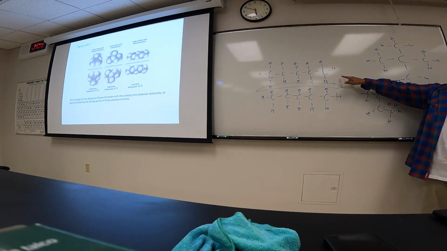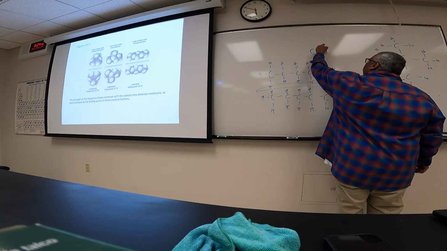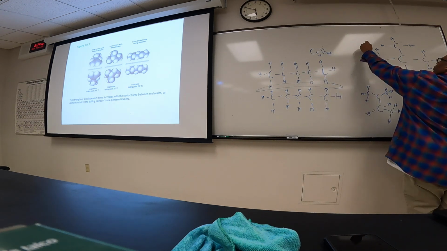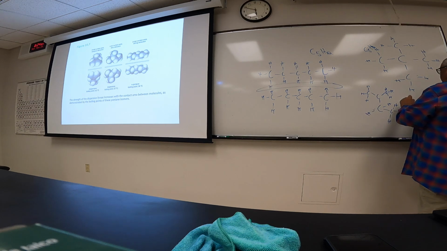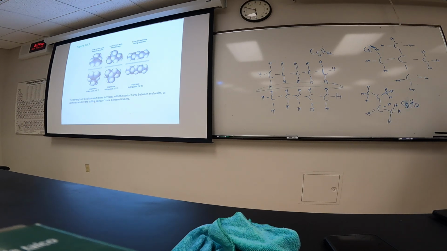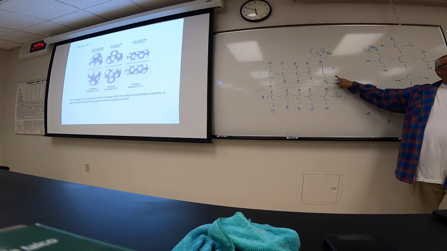So even though the mass is the same, this is C5H12. This is also C5H12. This is also C5H12. So the molecular mass for all of these is identical, but this would have the strongest dispersion force.